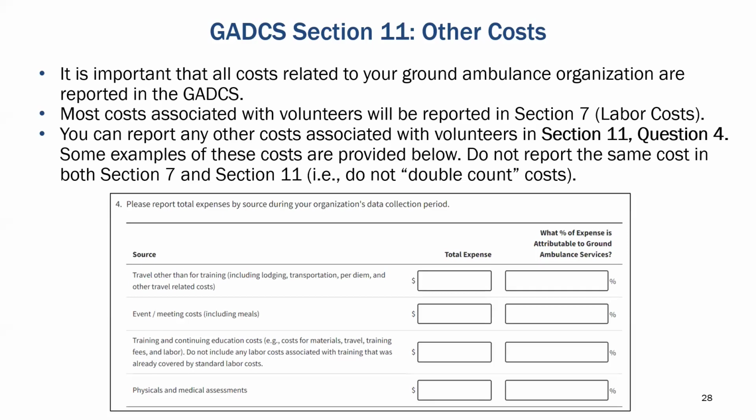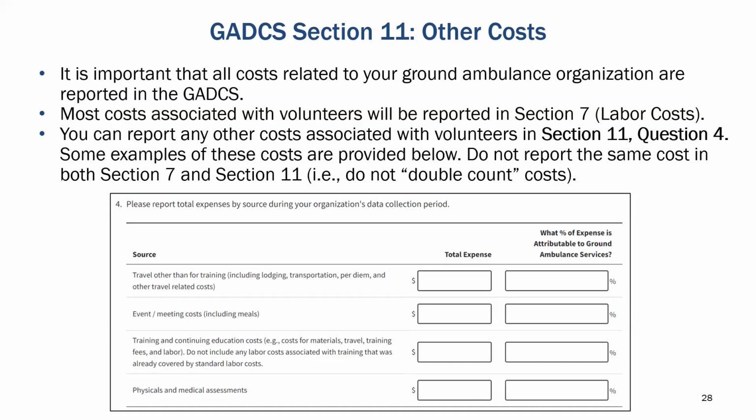This screenshot shows a few examples of categories of other costs in section 11, question 4 that might be relevant to volunteer organizations. For example, any costs for training volunteers that were not already reported in the labor section can be reported here. For example, if in-house staff did the training and you reported their compensation in section 7, report those training costs here.